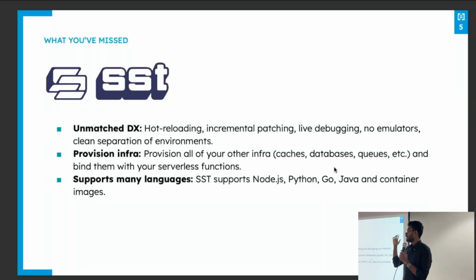So now in SST, they've created nice wrappers for most of the common stuff that you want to use: queues, databases, Fargate clusters, notifications, emails, cron jobs. They have higher level stuff for all of this. So 99% of your problem statement is already solved.